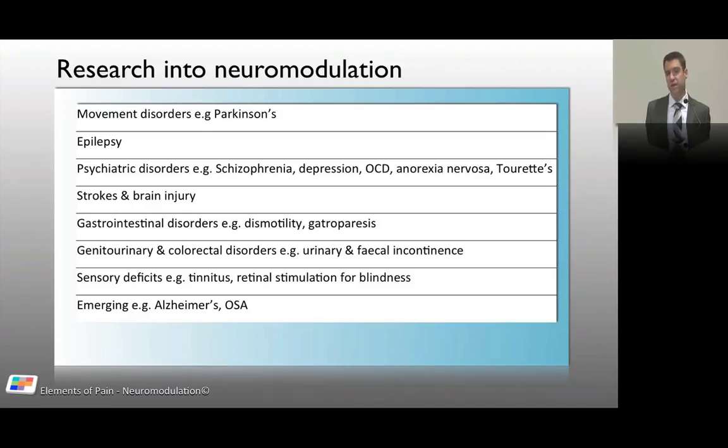So depression, OCD, even anorexia, strokes and brain injury, dysmotility, gastroparesis, so gastrointestinal disorders, urogenital abnormalities and colorectal disorders, so incontinence is treated with neuromodulation. Sensory deficits, retinal stimulation for blindness. There are really fascinating things that they're doing out there, and very new and emerging things like Alzheimer's and even obstructive sleep apnea. So these are newer directions that neuromodulation is pointing into.